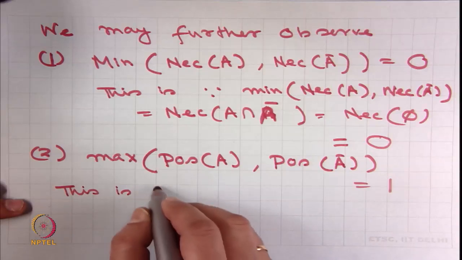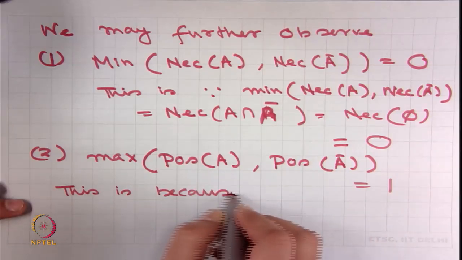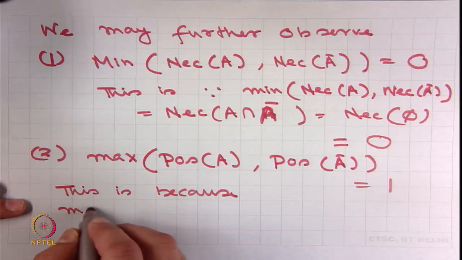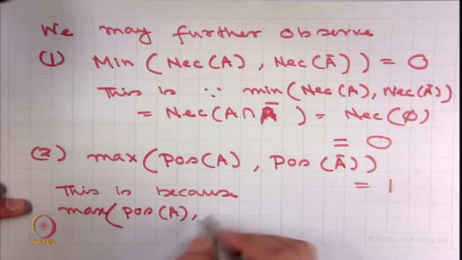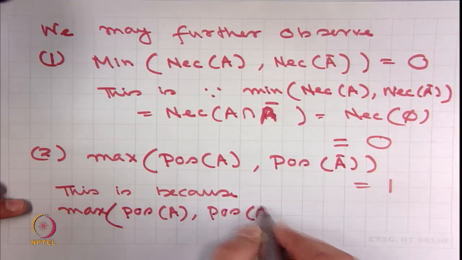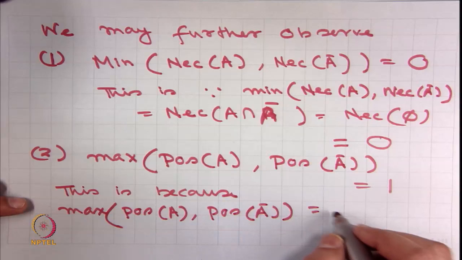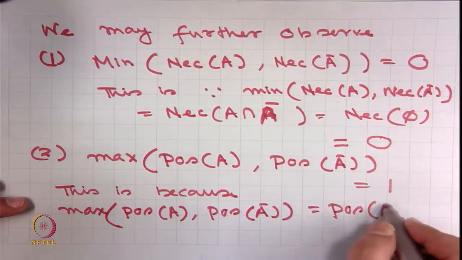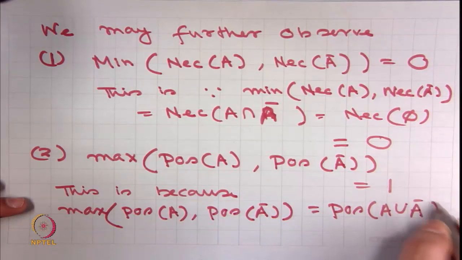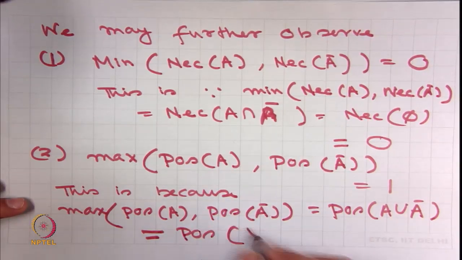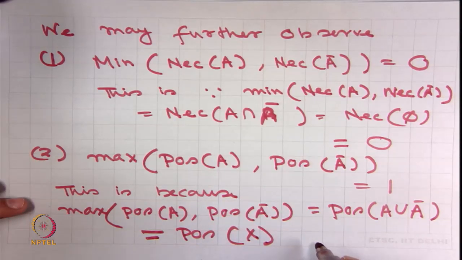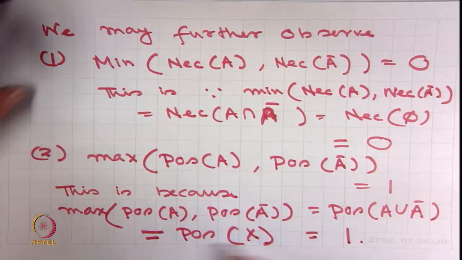This is because maximum of possibility of A and possibility of A complement is equal to possibility of A union A complement is equal to possibility of the whole set X, and therefore, since you are looking for an evidence from the entire set, this is going to be 1.